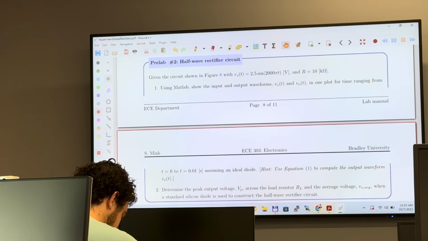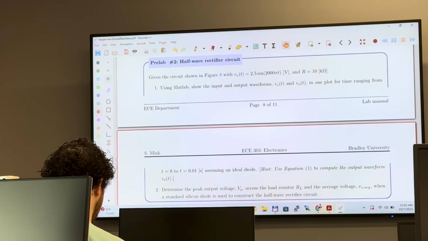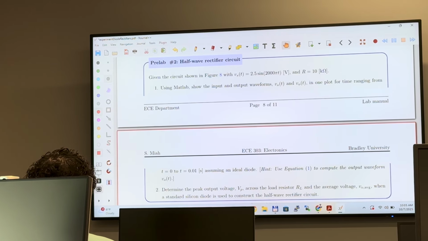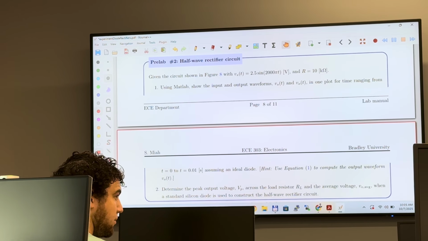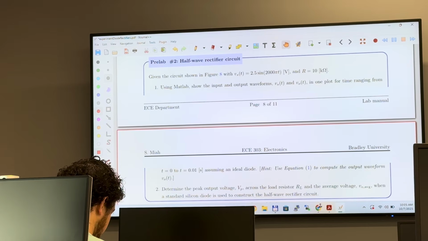Actually this course is practically aimed at PSpice, like circuit simulator, professional circuit simulators. So I cannot actually focus on MATLAB, but I will be focusing on circuit simulators.